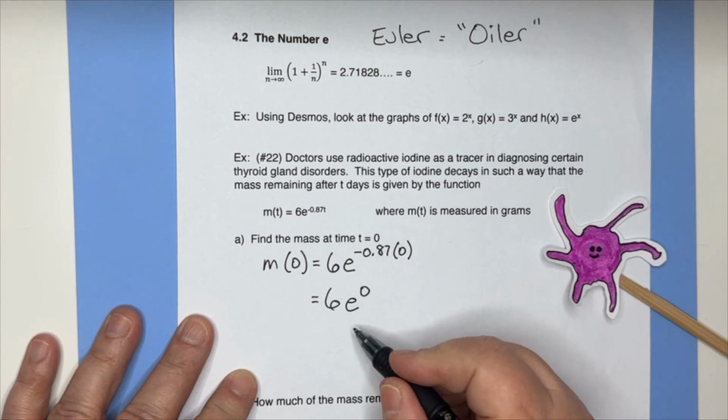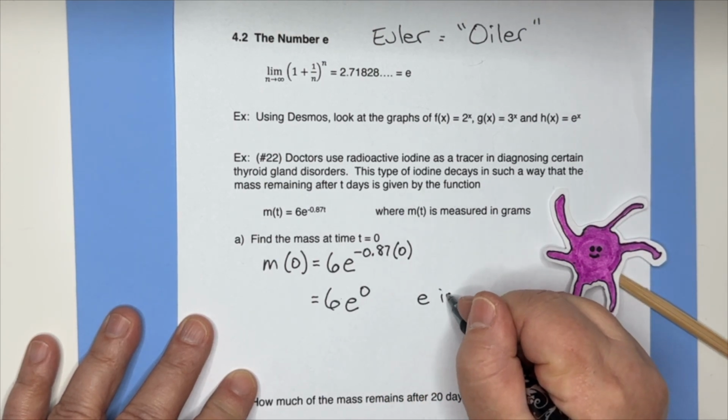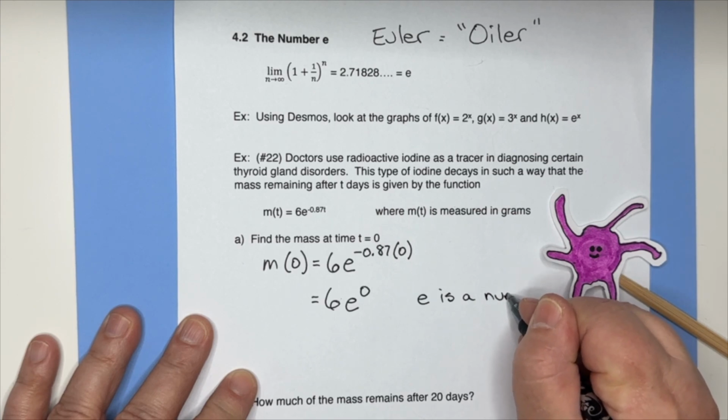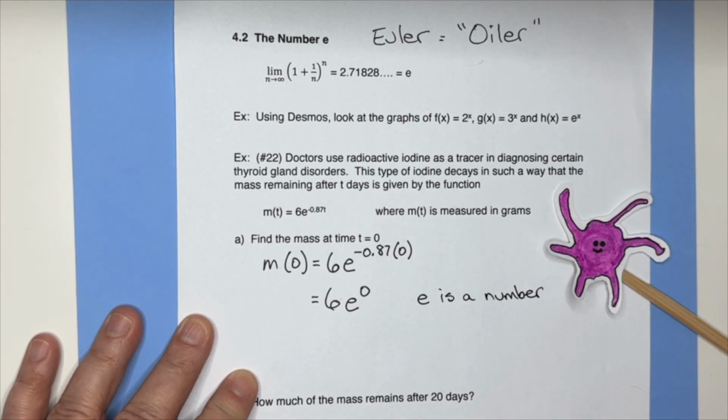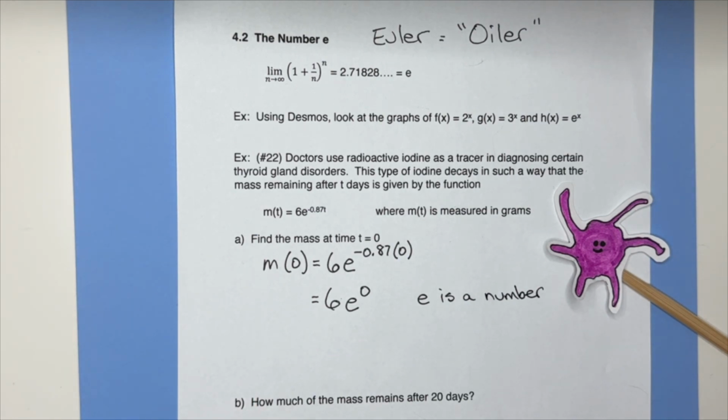And then I'm going to remind you that E is a number. It's a special number. It's an amazing number. It's a number that comes up in all sorts of weird places in math and physics and really is incredible, but it's still just a number. So there's nothing exceptionally magical about how it behaves.